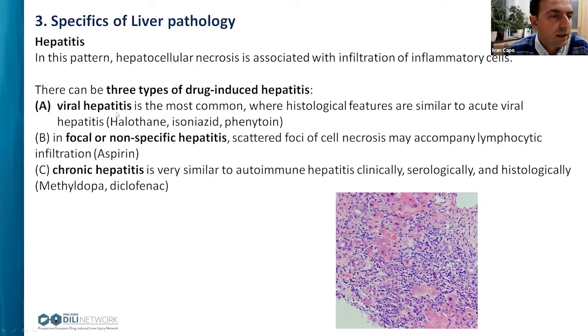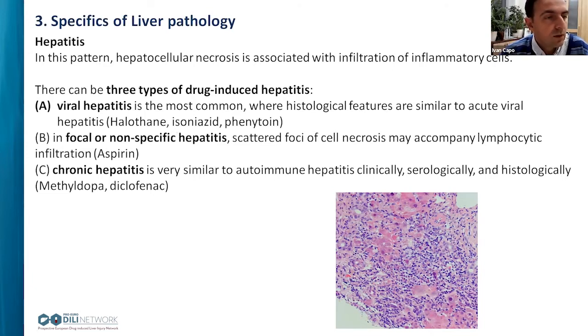Some drugs like halothane and isoniazid can cause this histological pattern of hepatitis, but it's not so easy to find this and make the diagnosis that it is actually drug-induced hepatitis with some other, which is not completely connected.